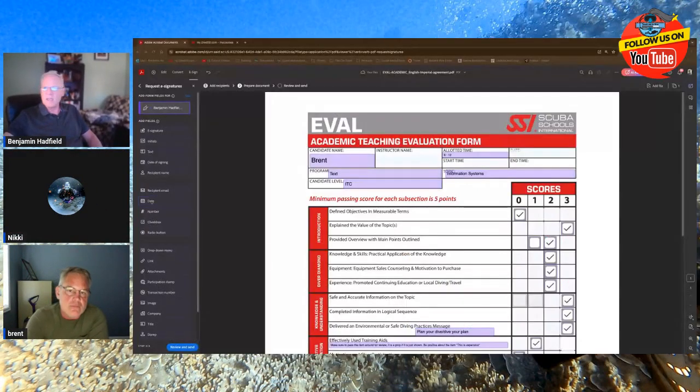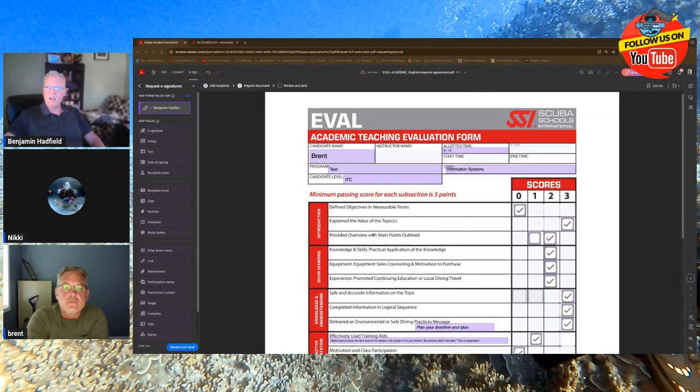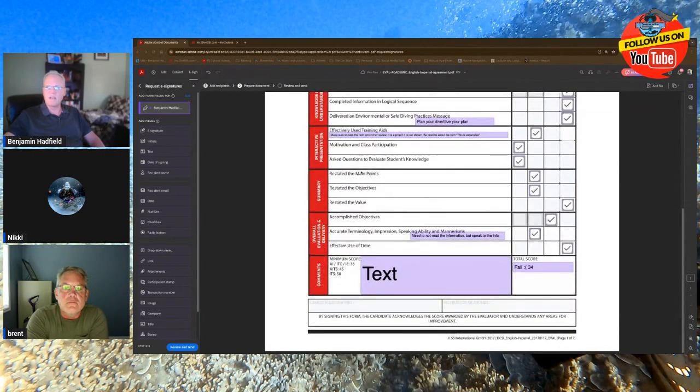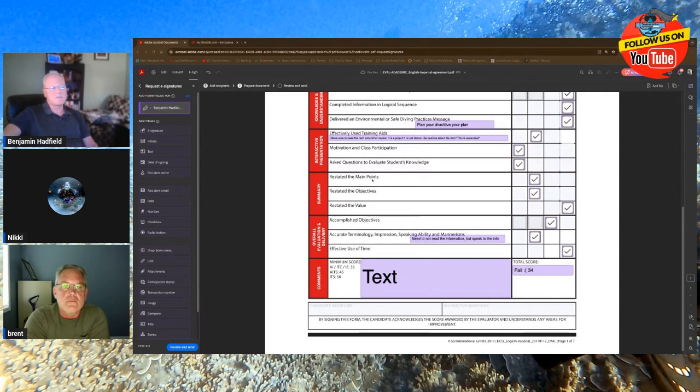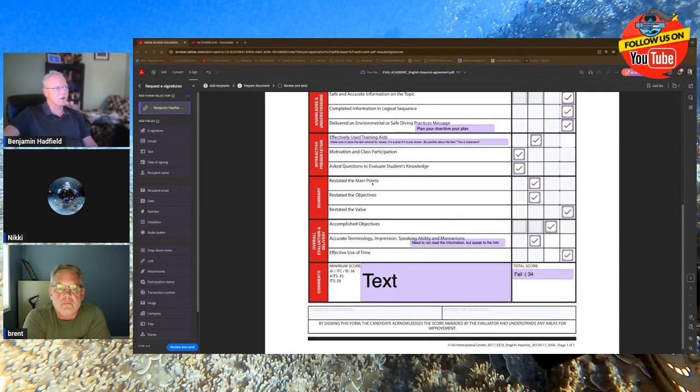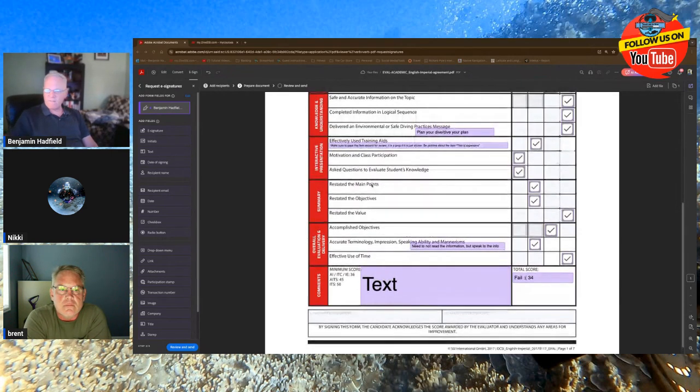Now, a pro tip on that as well, and I'm going to reshare my screen here. If you notice, at the beginning it's got objective, value, and main points. As we go to the end, it's main points, objective, and value. If it were me, my pro tip is I would do it in the order the evaluation form says it. That way it makes it easier on your evaluator, and if you make it easier on your evaluator, you will not get graded off.